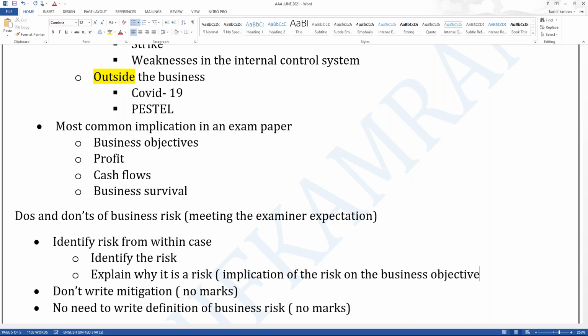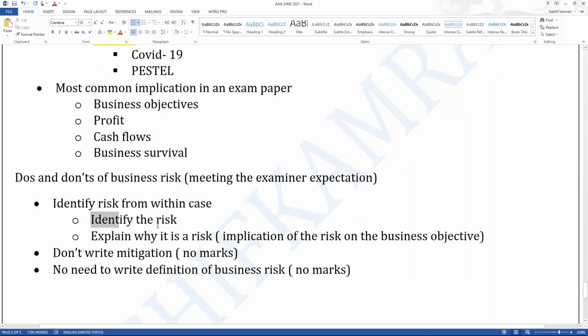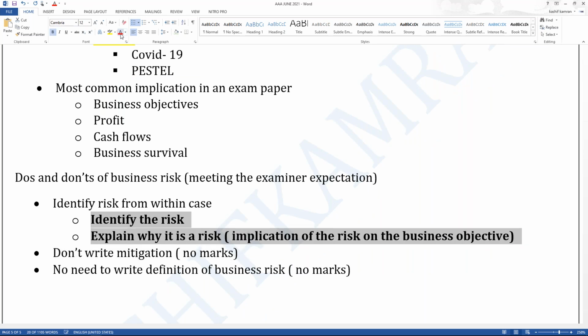That's a worthy answer, which a good student should write. Just read this very carefully, everyone. Let me put that in red and let me put that in yellow. Identify the risk, explain why it is a risk, and when you're explaining why it is a risk, focus on the implication of the risk on the business objective, right?